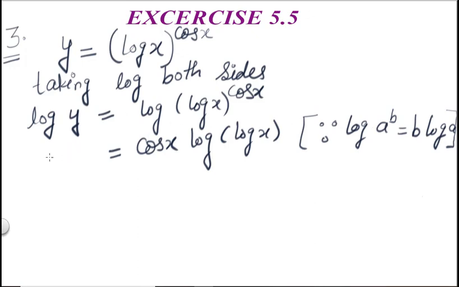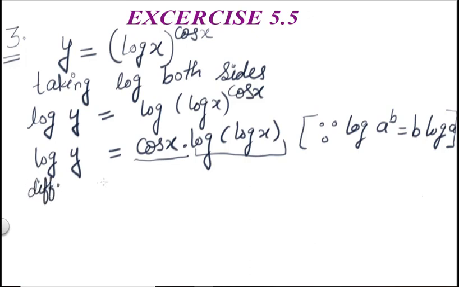Now we have log of y equal to cos of x into log of log x. We will consider this as the first function and this complete one as the second function. As we know, now there are two functions in product, so we can use the product rule of differentiation.